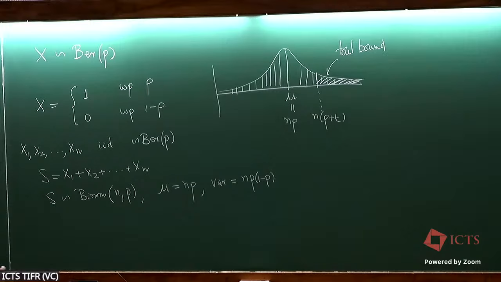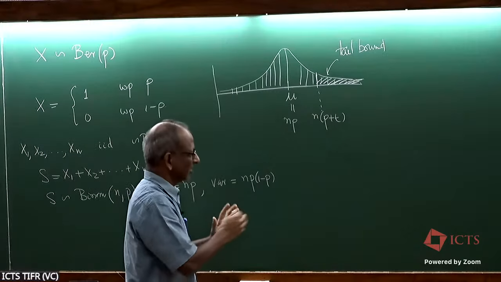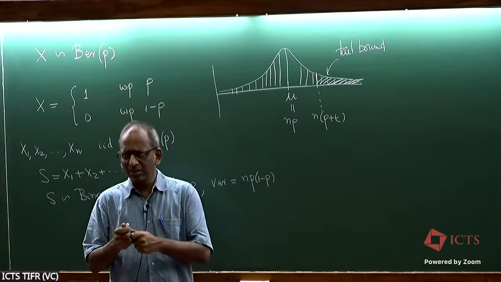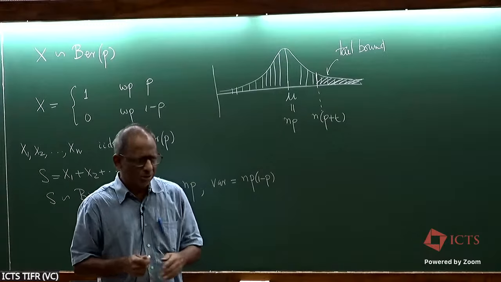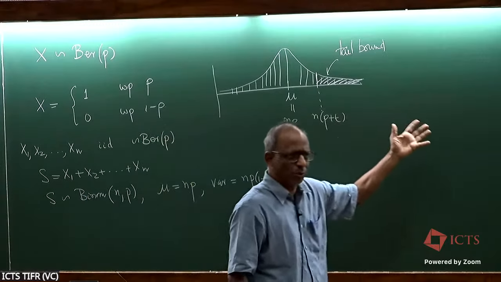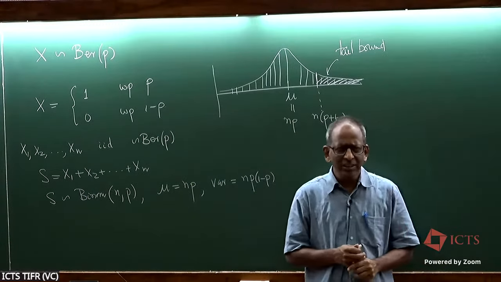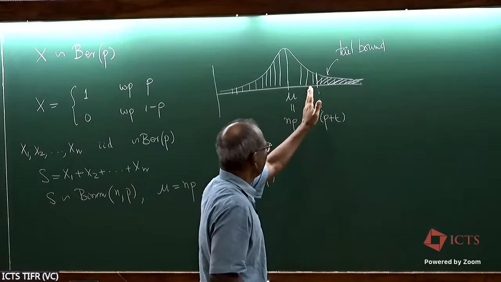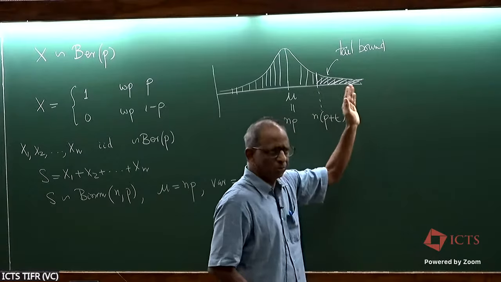So we are already taught many things, many inequalities which control the probability of tails. So I would like to review some of those inequalities. And finally, I will try to prove a bound for the tail of the binomial distribution.